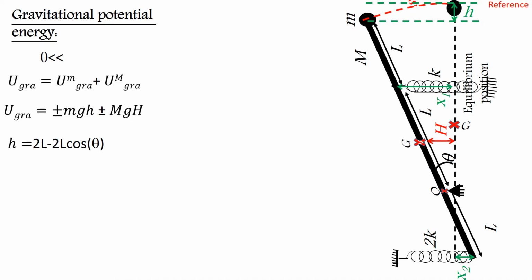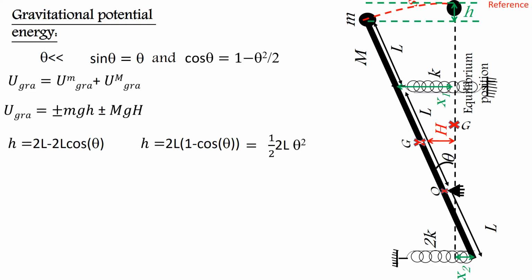When we calculate it, we get 2L minus 2L cosine theta, and because theta is small, we can write it like this.